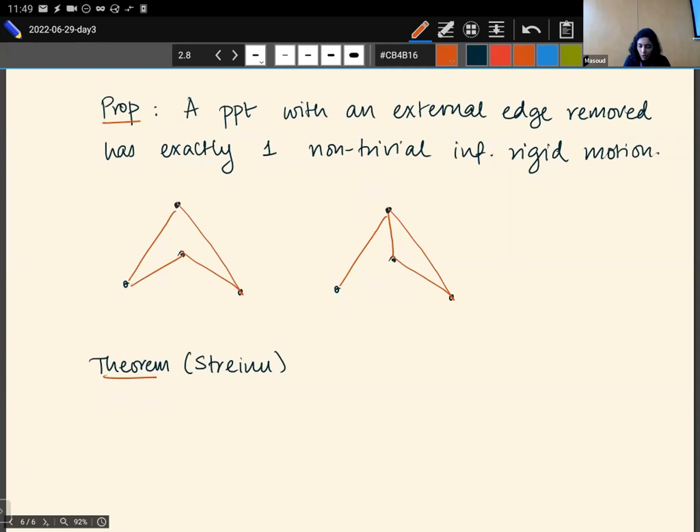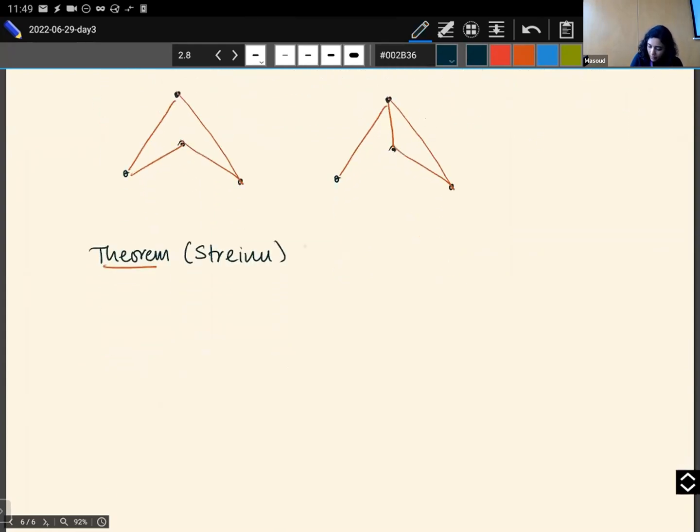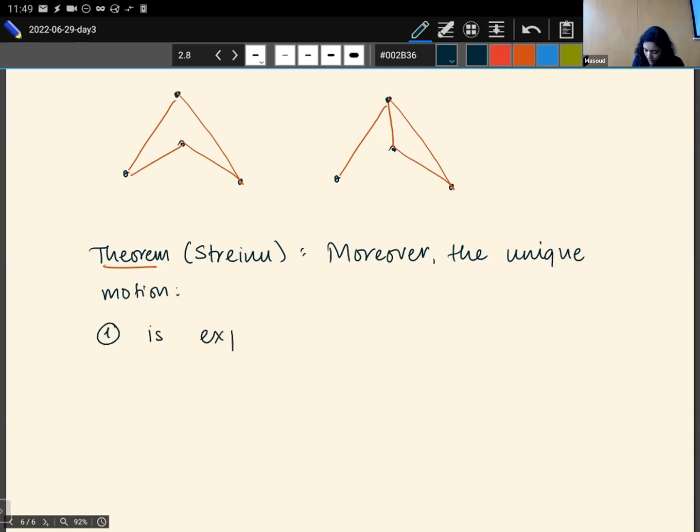So this is super powerful. Moreover, an add-on to the previous proposition: there are 2 add-ons. 1, the unique motion is expansive in one direction.